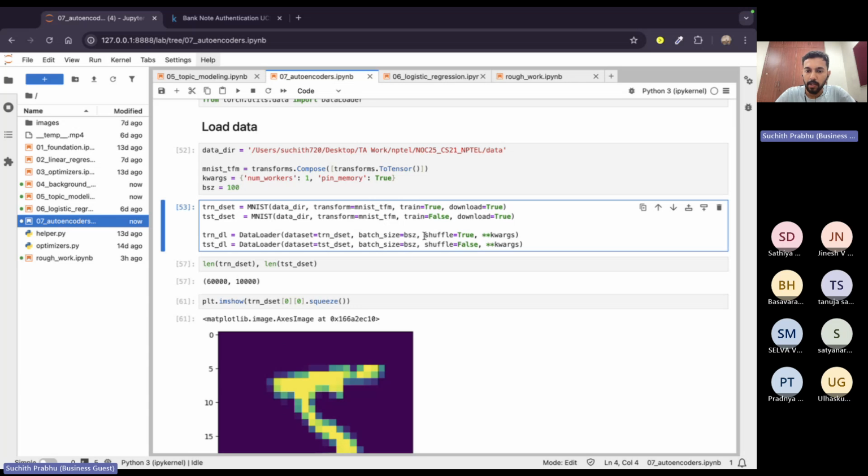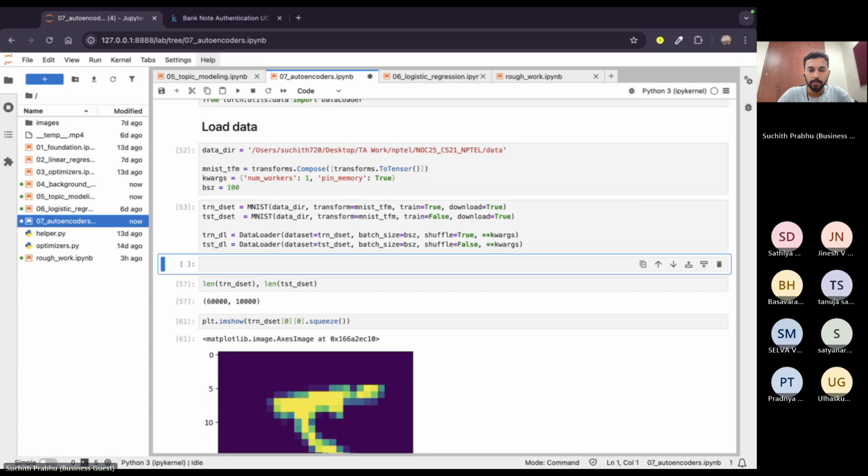For the training data loader, we have specified the batch size, and we want the data to be shuffled. It will randomly shuffle the data and then give us batches. After each epoch, that means once it has gone through all the images, it will reshuffle and again give us the batches.